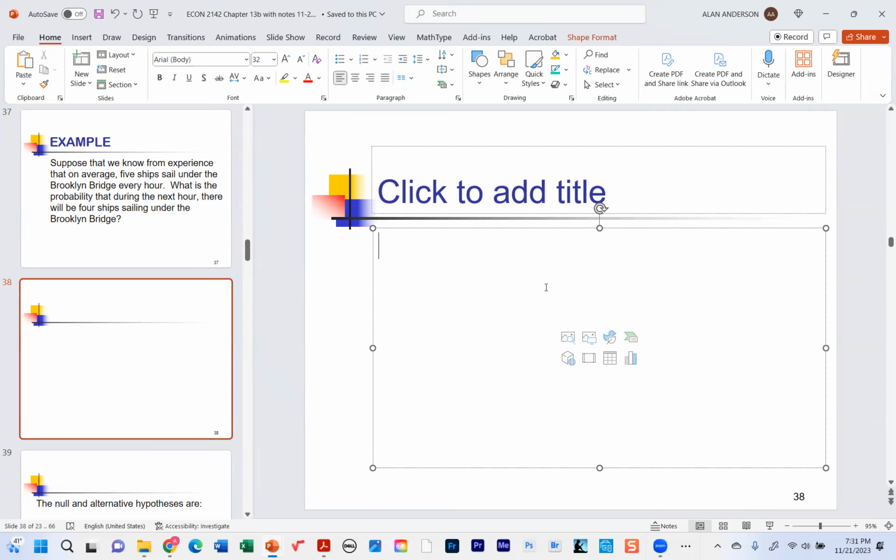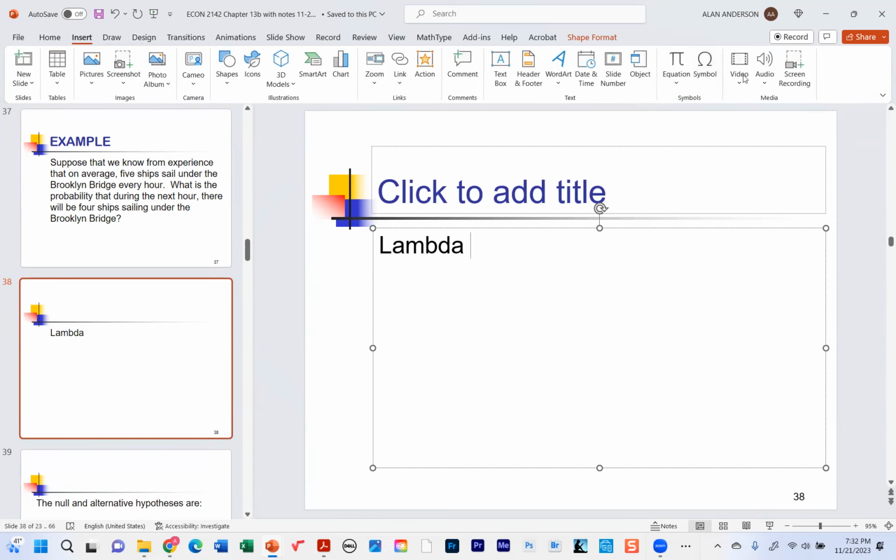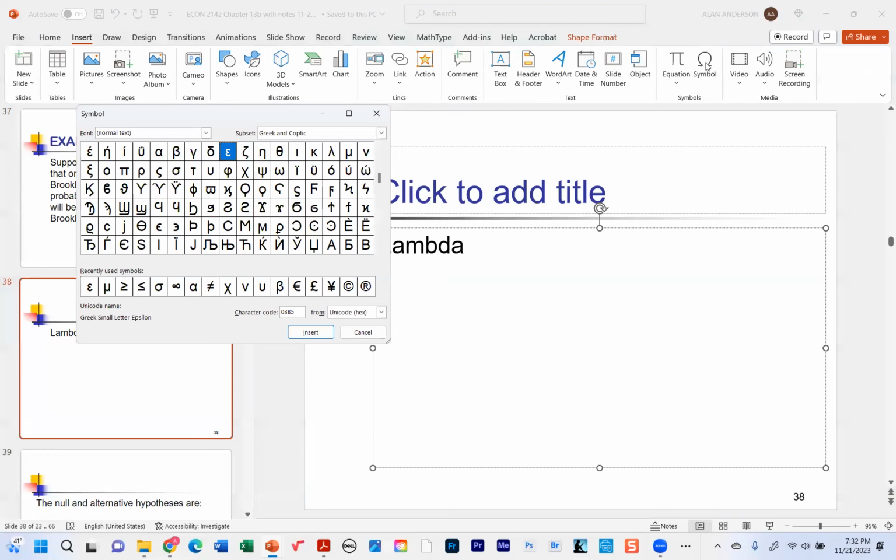So because we're told that 5 ships sail into the Brooklyn Bridge every hour, lambda, which I can actually watch this. If you ever wondered how to do this on Word, there's this huge symbol box here, which has all these wonderful terms you might need.